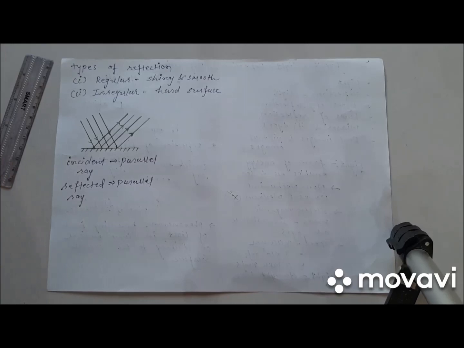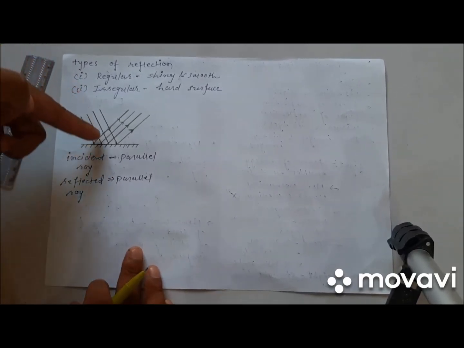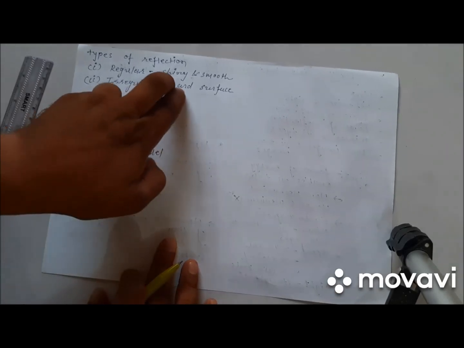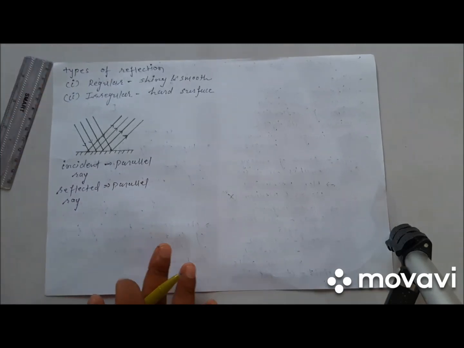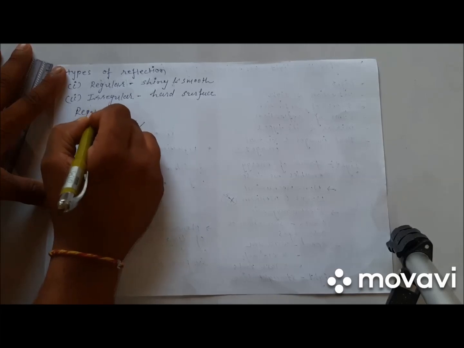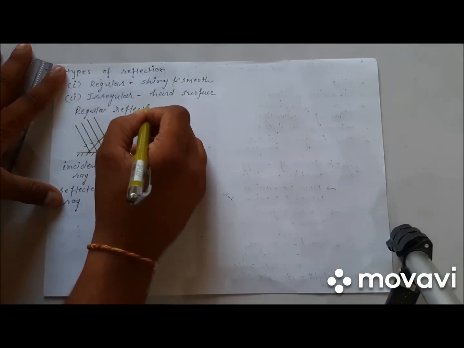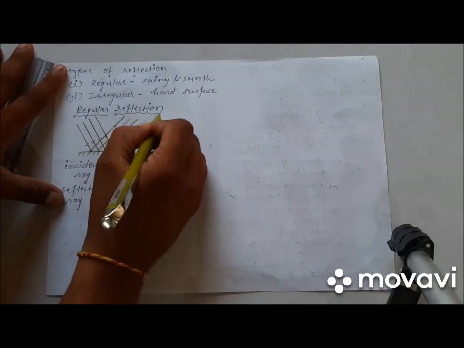Such a type of reflection, in which parallel rays are incident on a smooth and shiny surface and reflect back parallelly, regularly, is called regular reflection. On the other hand, we have another type of reflection, that is irregular reflection.